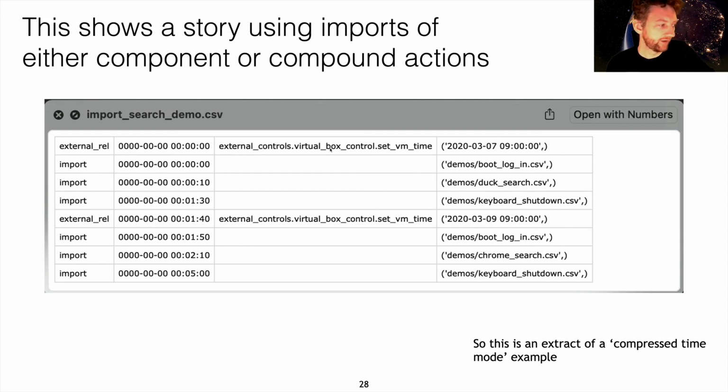So this is saying set the time to be 9 o'clock on the 7th, boot, do a search, shut down. Set it to be 9 o'clock on the 9th, boot, do a search, shut down. So this is the beauty of merging or integrating sort of sub actions into a more extensive script.